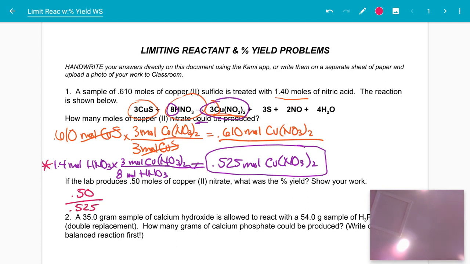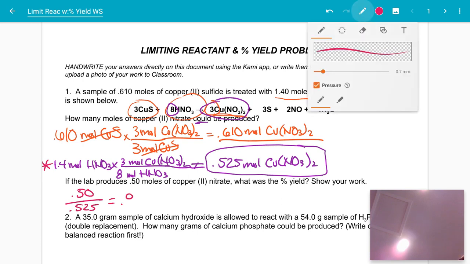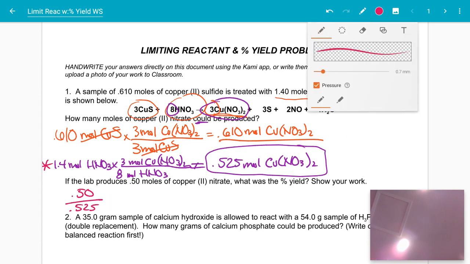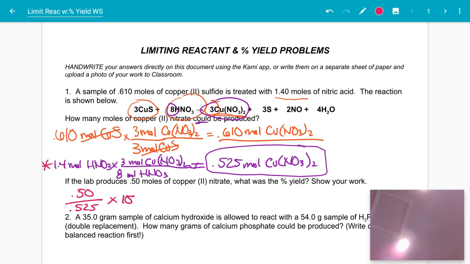If I do that really quickly, 0.5 divided by 0.525 is 0.952. Actually, why don't I just do the multiply by 100 right now? Give me a second. So multiply that number by 100, and we would get 95.2, which actually there's only 2 sig figs here.